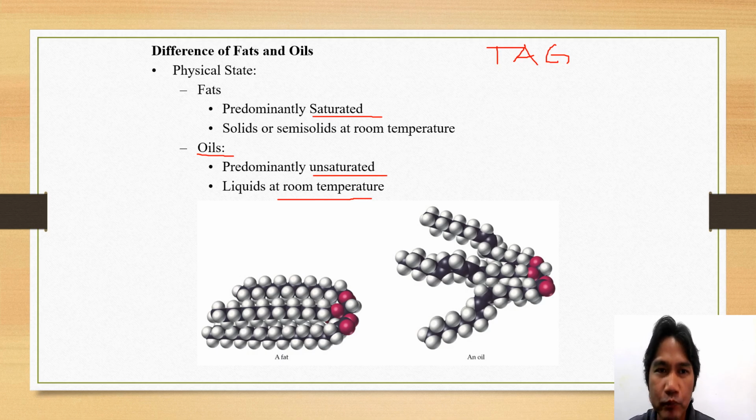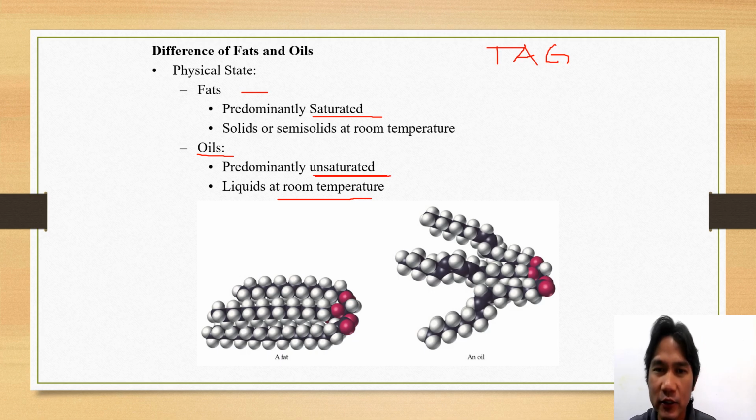However, they differ in the presence of fatty acids. Fats are TAG or triacylglycerol but are predominantly composed of saturated fatty acids, while oils are in the form of TAG or triacylglycerol but predominantly composed of unsaturated fatty acids.